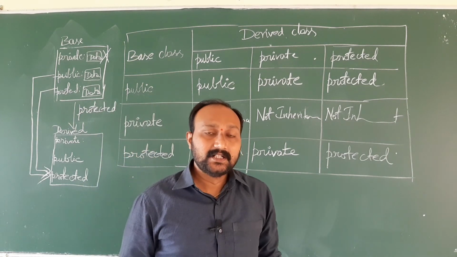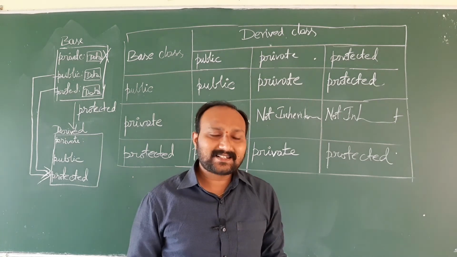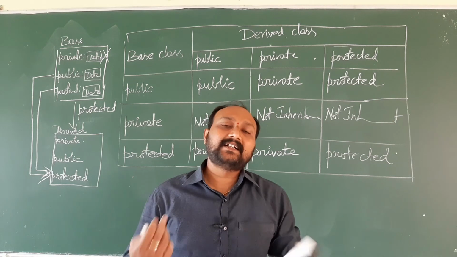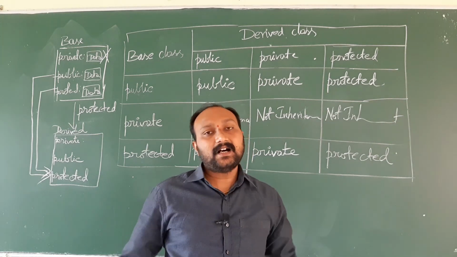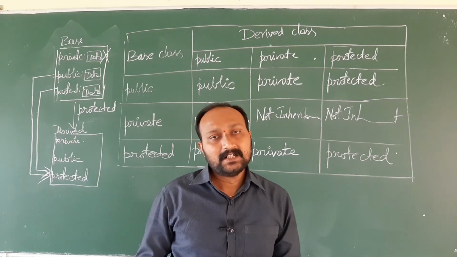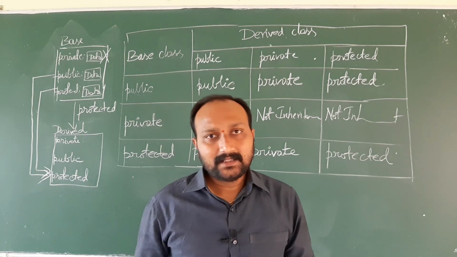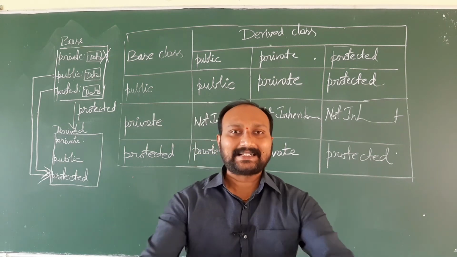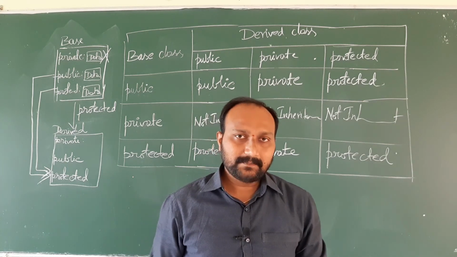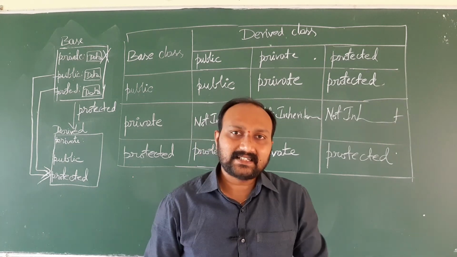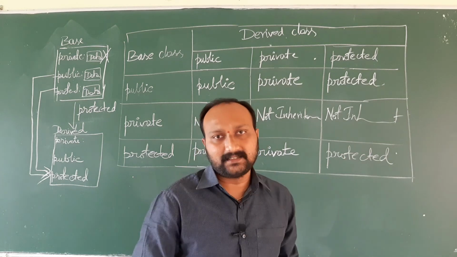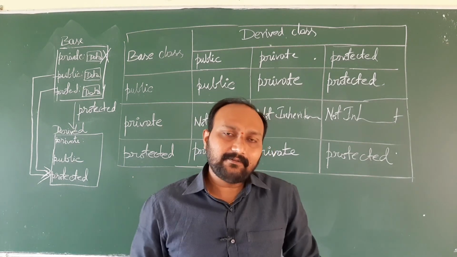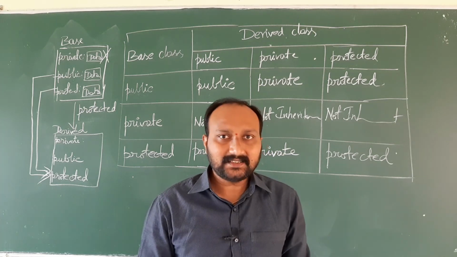Okay. So now let me tell you what visibility is. Now I am defining it. Visibility mode is nothing but a way of controlling the access of data members. For example, my grandfather and also my father have given me some characteristics. I have inherited some of the characteristics from my father or forefathers.